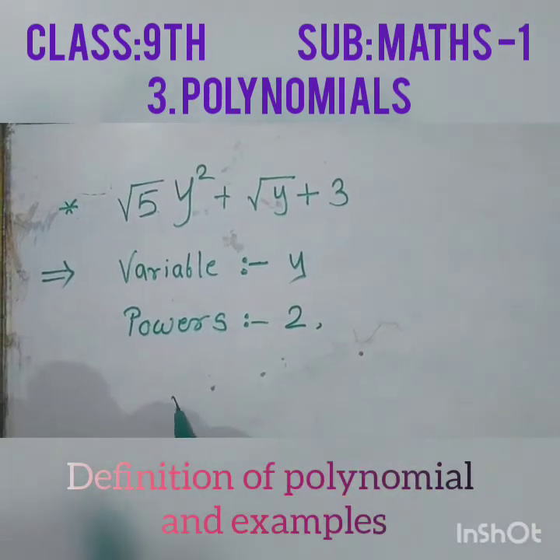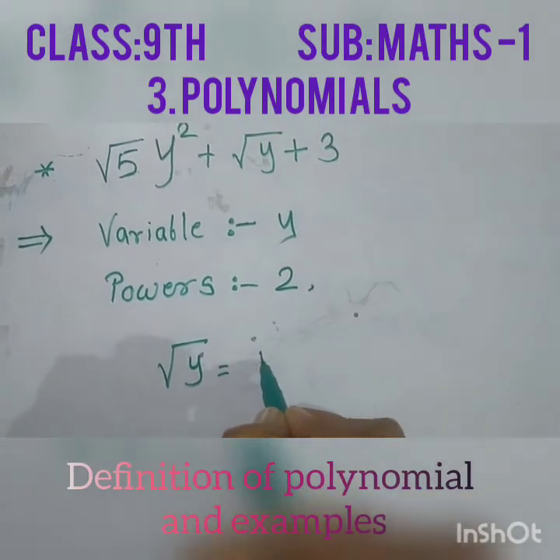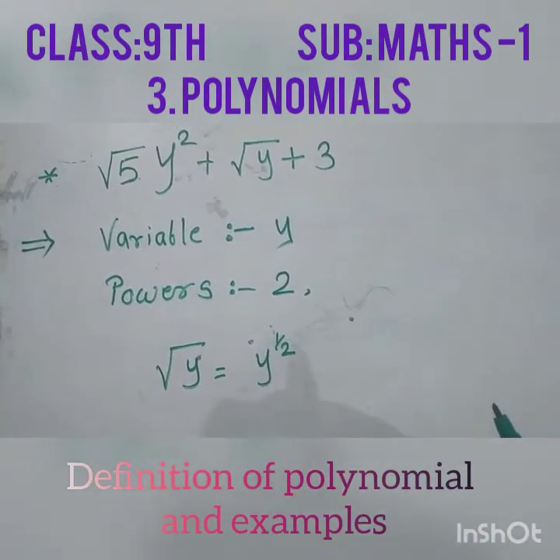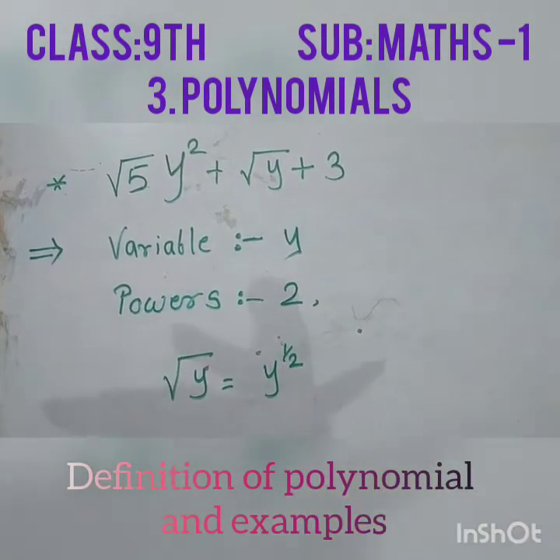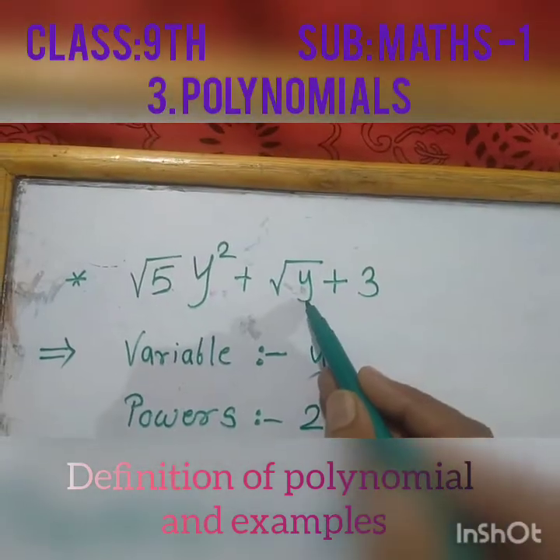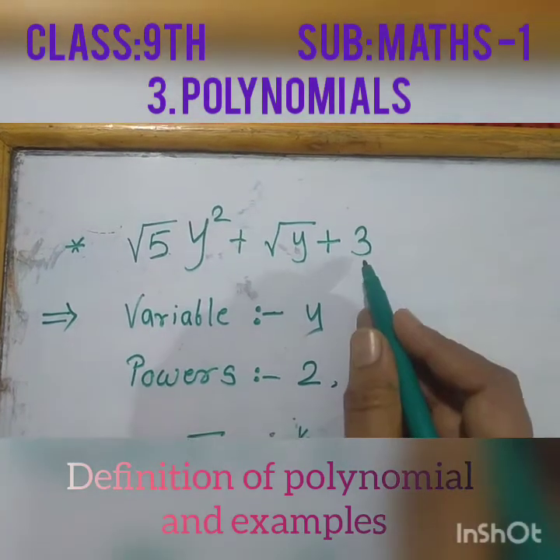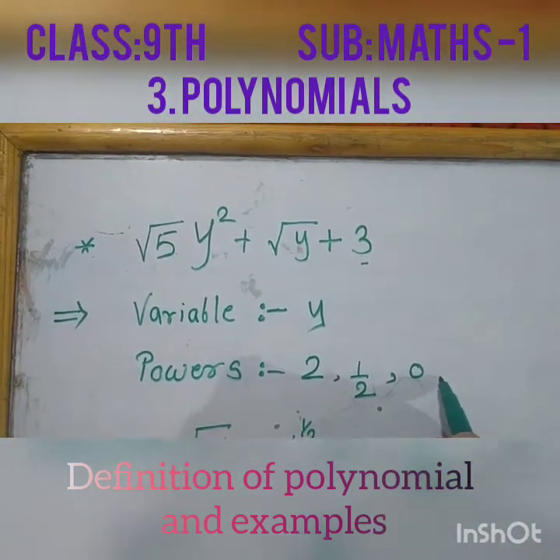But here root y means what? Y to the power half, or 1 upon 2. Actually, we saw it in our 8th class. Therefore, the power of root y is 1 upon 2, and just 3 is a constant, therefore power is 0.